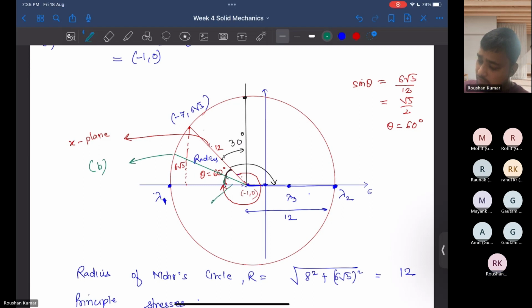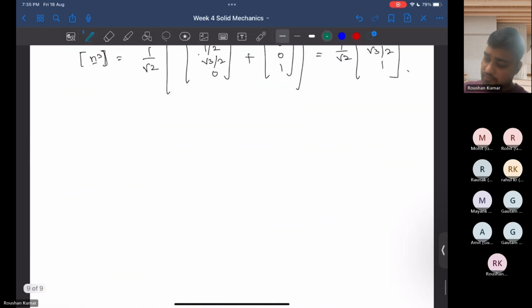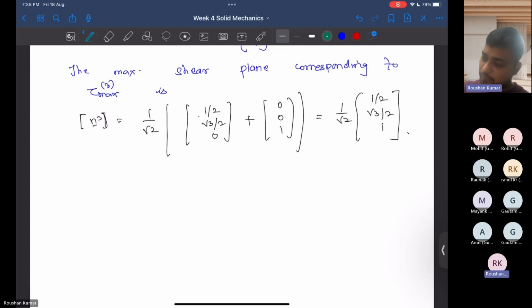This angle is 30 degrees, and we have to find the normal and the shear component of traction on this plane, that is the plane which is denoted by green color. So the radius is of 12 units. So the x component is given by sigma. So this is problem number 2b solution.